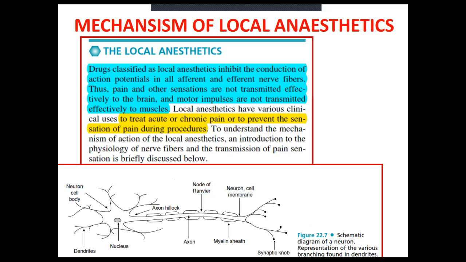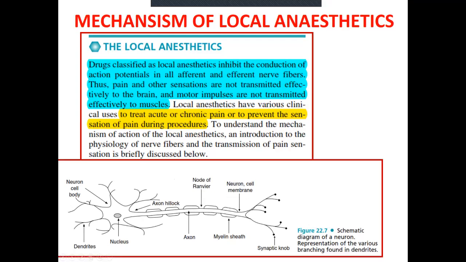In the mechanism of local anesthetics, we must first understand how neuronal cells conduct nerve impulses, otherwise the transmission of information from the organ to the brain. In general, this is the neuronal cell membrane.